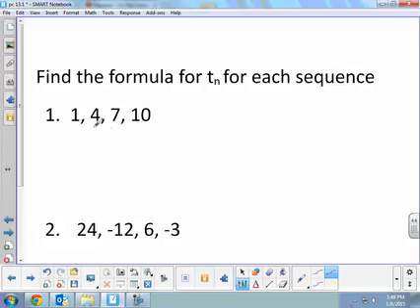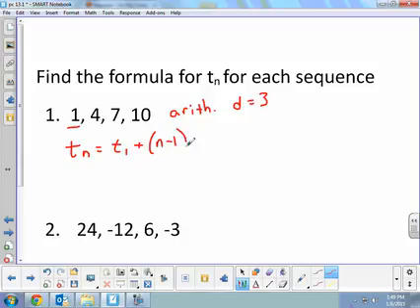The first thing that I always want to ask myself is, is it arithmetic or is it geometric? Well, this one is arithmetic, and my common difference is 3. My first term is 1, so I'm going to start by just writing down the formula. T sub n equals T sub 1 plus n minus 1 times d.